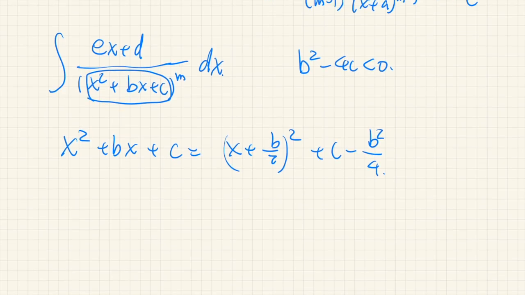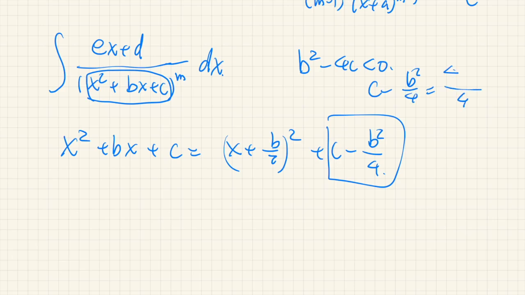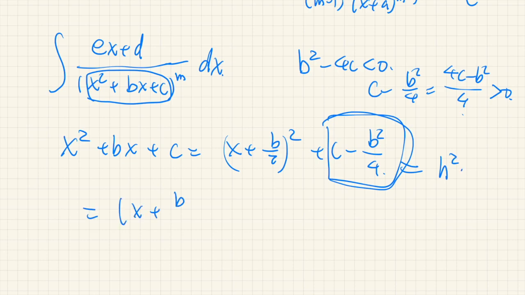So that means this part, c minus b squared over 4, which is (4c minus b squared) over 4, is always positive, right? So since it's positive, let's substitute this as h squared. So we have (x plus b over 2) squared plus h squared.